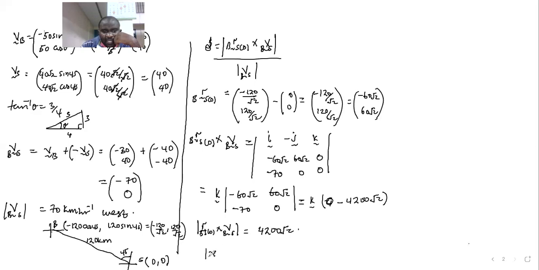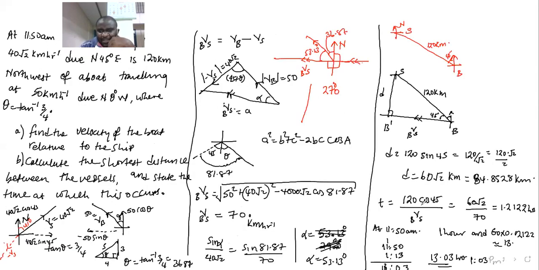Then we also get the relative velocity of the boat to the ship, its magnitude. Its magnitude is 70. We already confirmed that. So finally, the shortest distance is going to be the 4,200 root 2 divided by 70. When you divide these two, the shortest distance is actually 60 root 2, which is exactly the same answer we got earlier on.